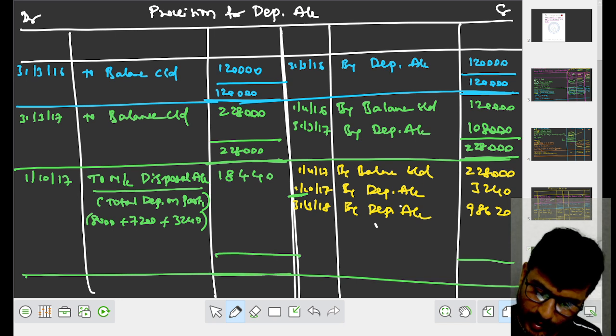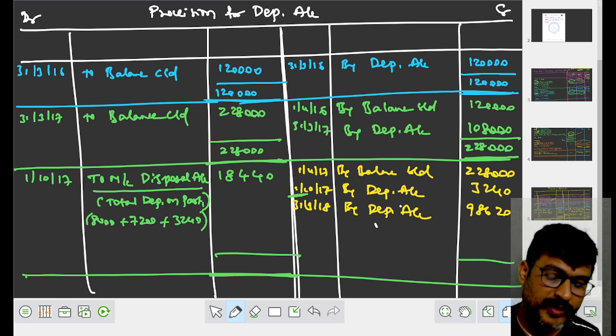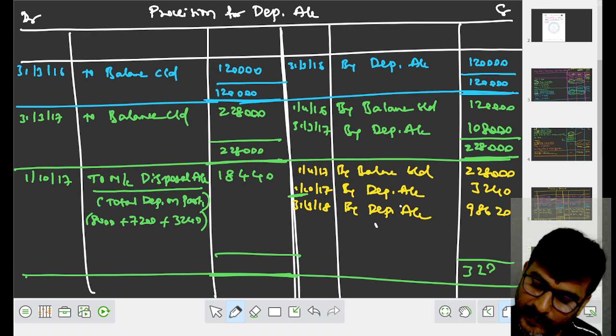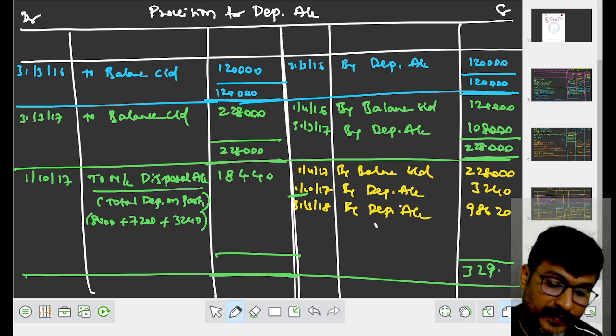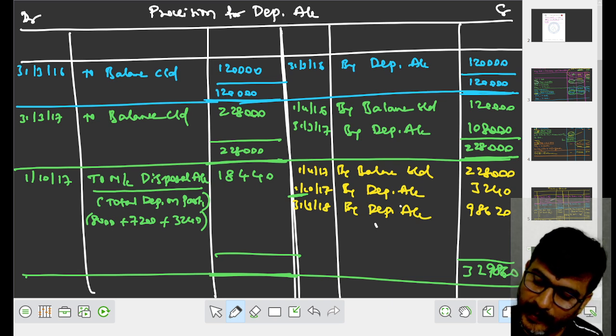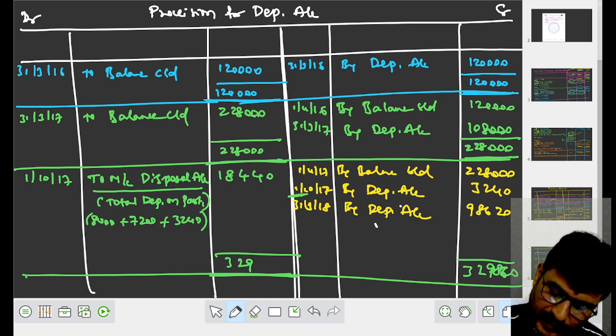Now we have to work out the total and the balance. The total comes to 3,29,860.